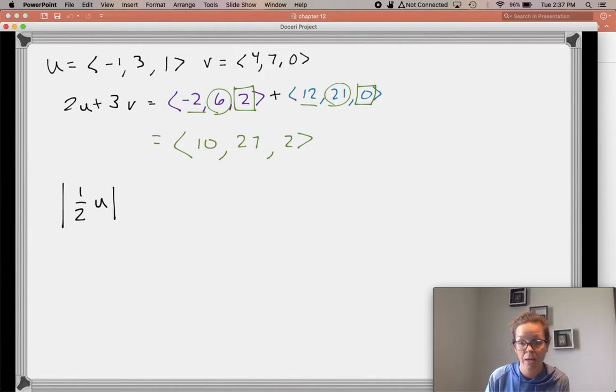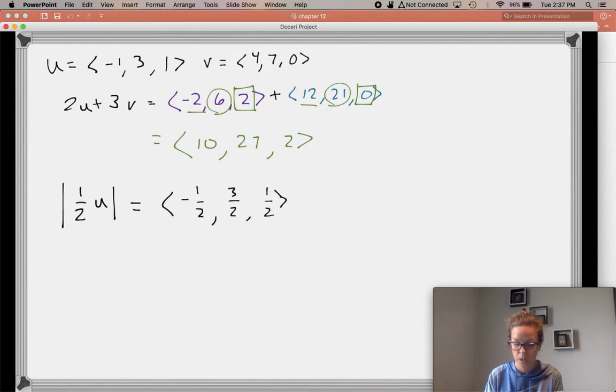You could either find the magnitude of u and cut it in half, or you could distribute 1/2 through vector u and then find the magnitude of that. Either way doesn't really matter. I'm going to do the distributing way. So I distribute 1/2 through the vector u. That's -1/2, 3/2, 1/2. And now I'm going to find the magnitude of that.